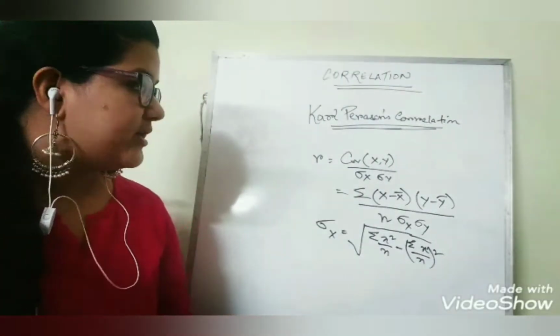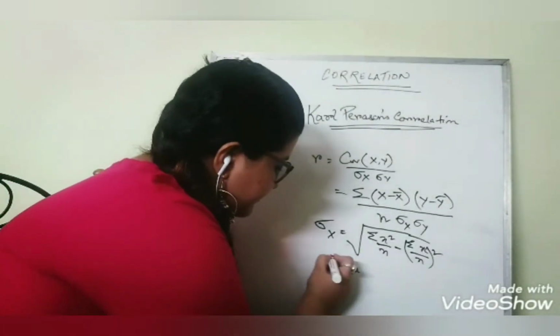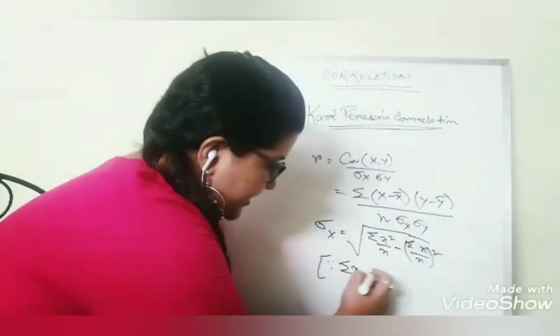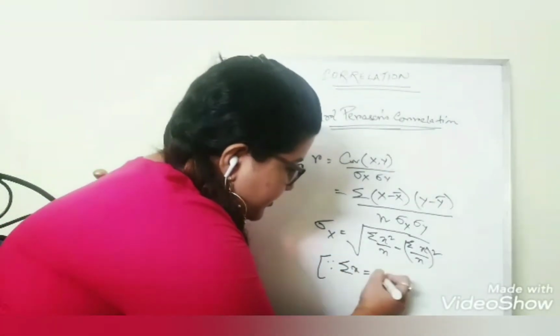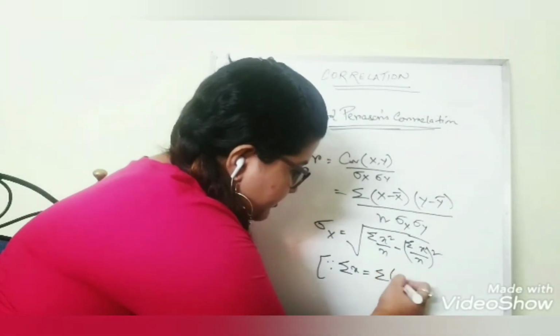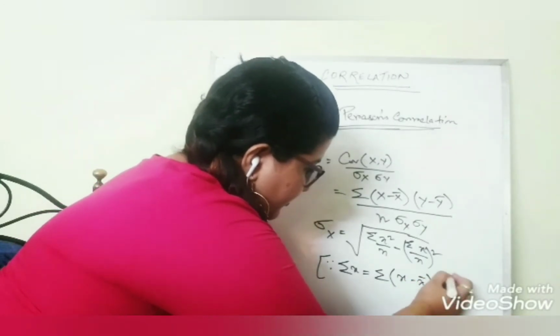Now we have to assume that summation x, in brackets you have to write, hence summation x is equal to summation x minus x bar is equal to 0.